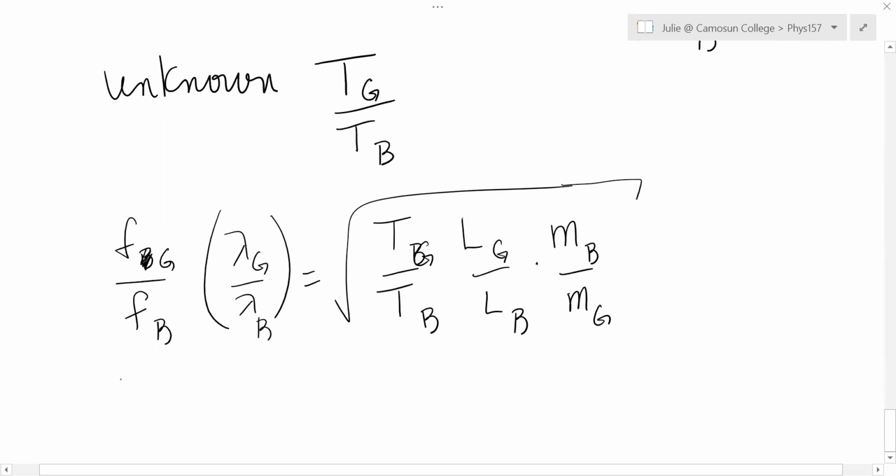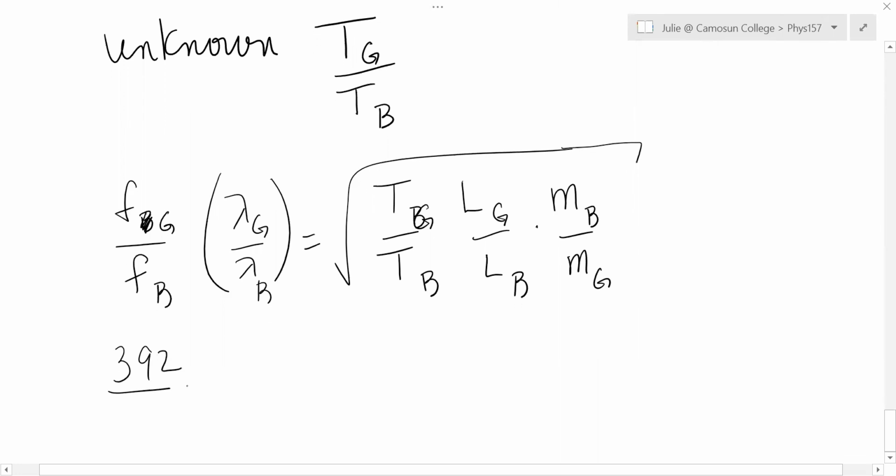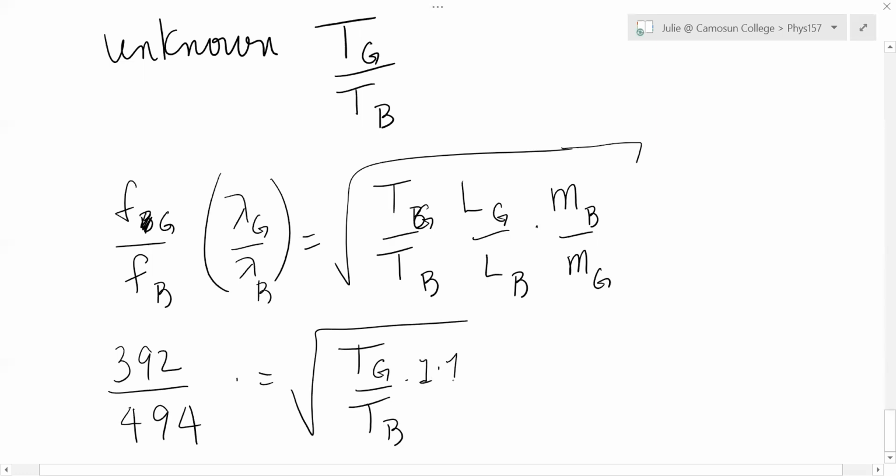So here we go. 392 over 494 times 1 equals the square root G over B times 1 times 1. Square both sides, and then flip it, you get TB over TG should be 0.63. So you guys can check that that works out. Okay, so that'll do it for this video.